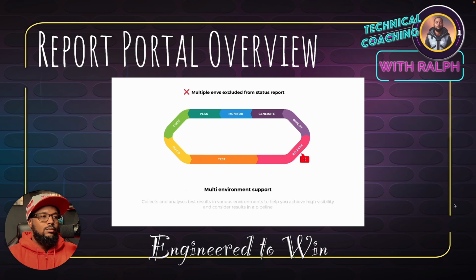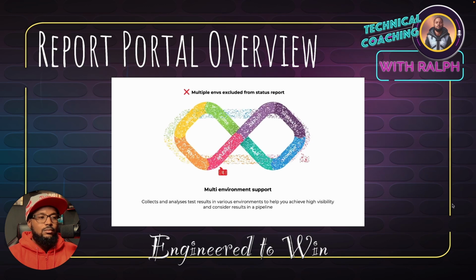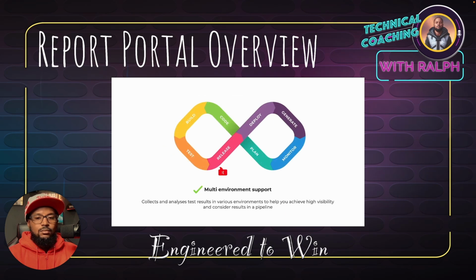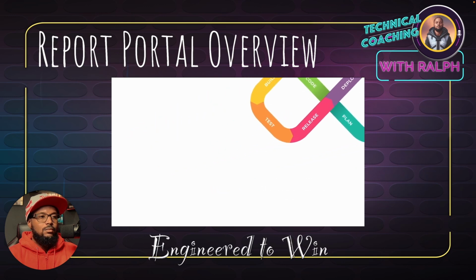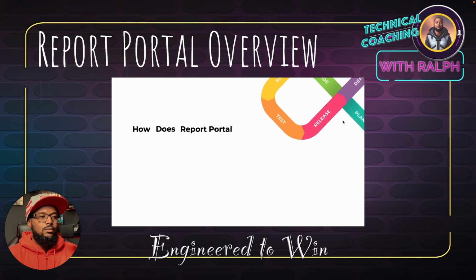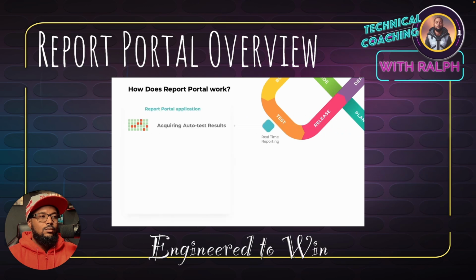Collects and analyzes test results in various environments to help you achieve high visibility and consider results in a pipeline. Provides automated, meaningful feedback to CI/CD on top of automated test results at different stages of pipeline. But how does Report Portal work? It acquires results from test frameworks. AI finds known failures.